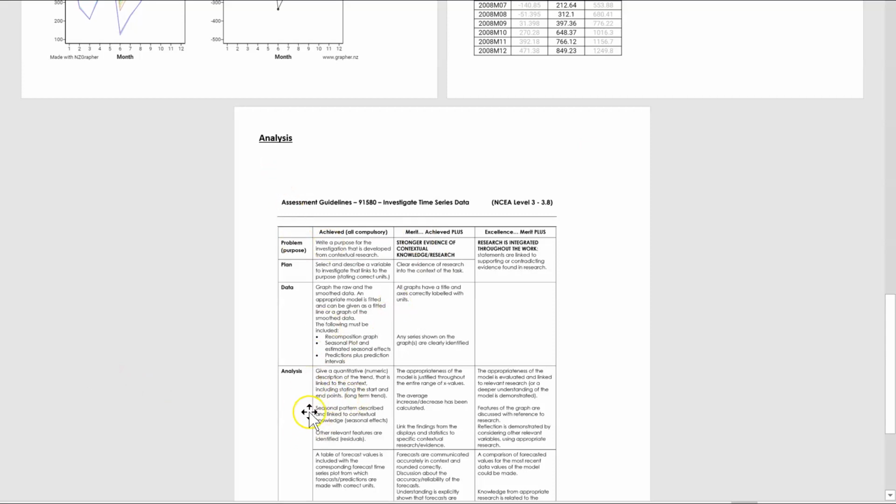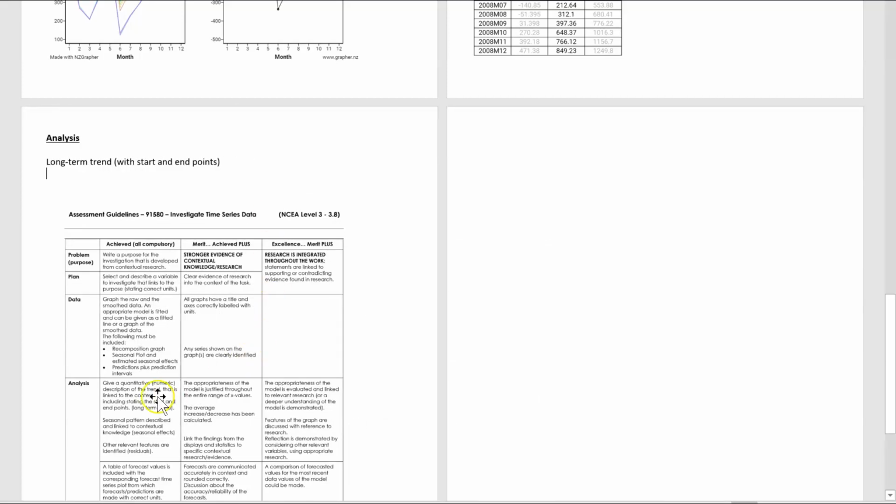So marking schedule, we'll start off down below. First one is we need to give a quantitative numeric description of the trend, linked to context, with start and end points. That's another way of saying we need to analyze the long-term trend with start and end points. What's next? We need to describe the seasonal pattern.